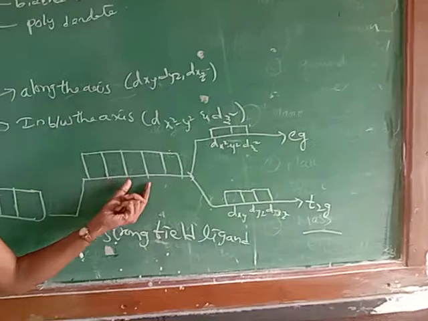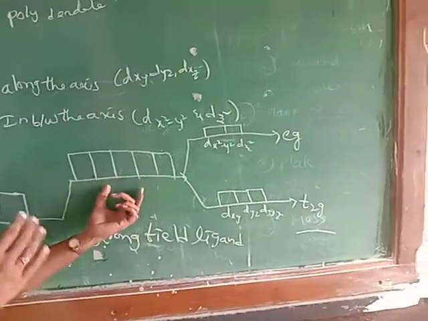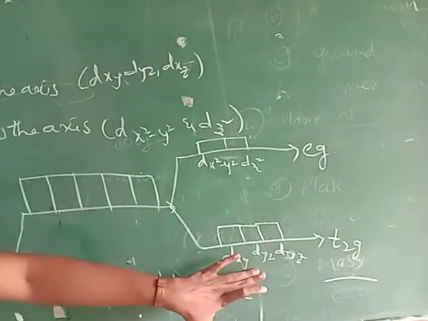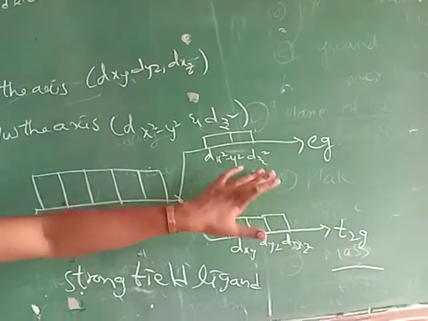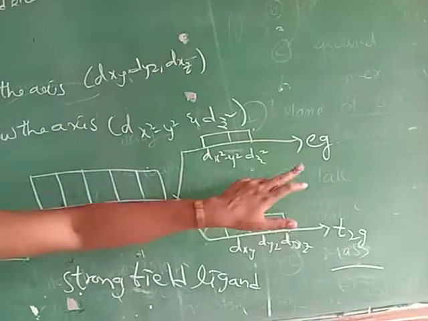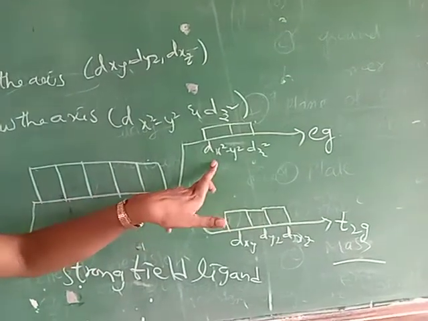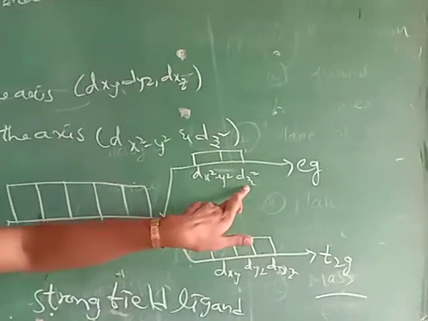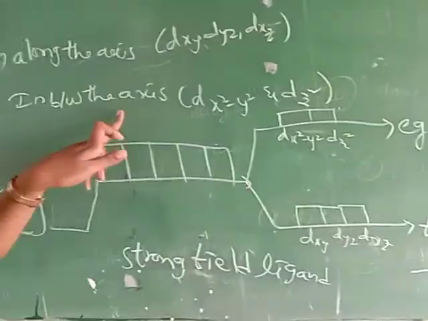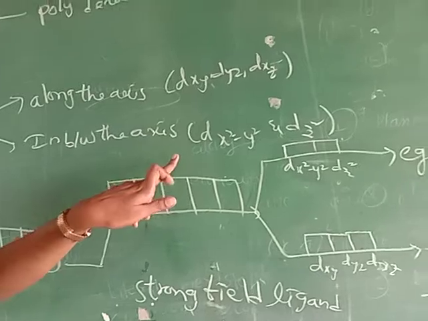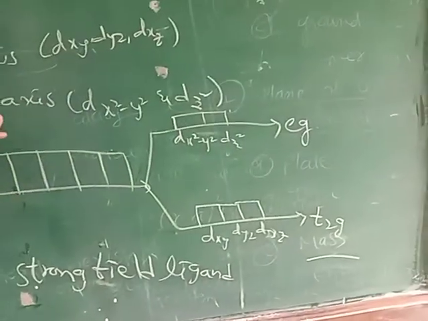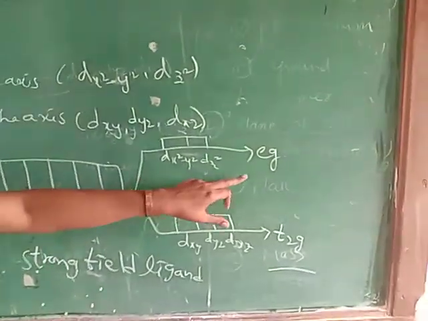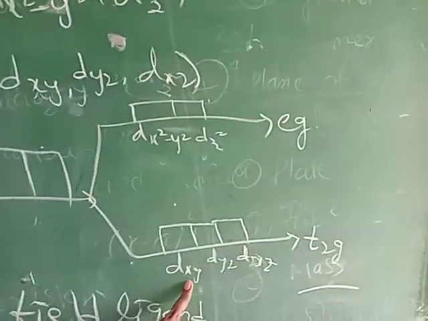So the d subshell is splitting into two energy levels, Eg and T2g. Eg means higher energy level, T2g means lower energy level. The Eg contains two orbitals, dx square minus y square and dz square, and T2g contains three orbitals.